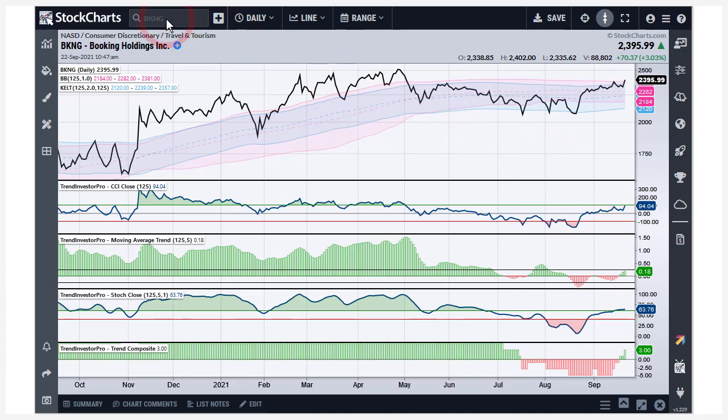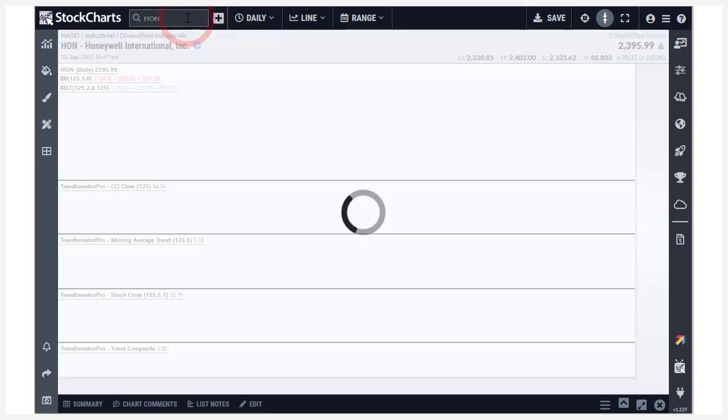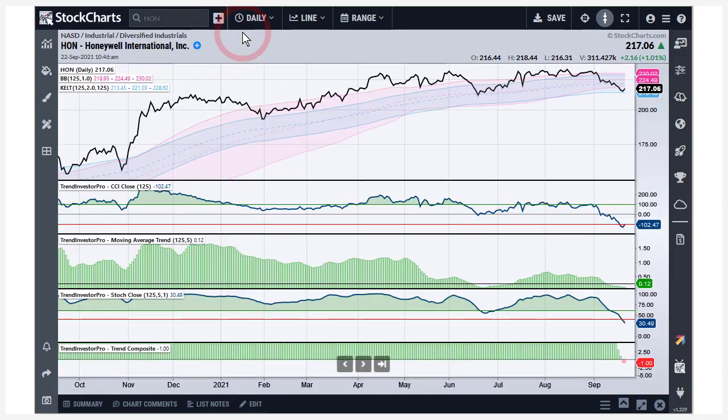And then the other one I want to show you is a new downtrend. This is in Honeywell, an old school industrial stock. We can see at the bottom the trend composite got to -1. That is because Stochastic close moved below 40, turned red and bearish. The CCI close moved below -100 to turn red and bearish.